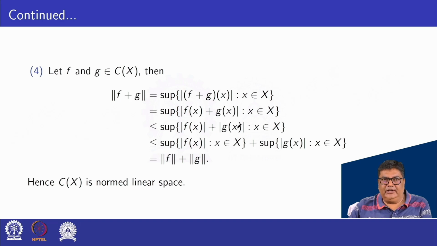So this term is less than or equal to |f(x)| + |g(x)|, which is less than or equal to the supremum of |f(x)| plus the supremum of |g(x)| for all x belonging to X. As per the statement, we can write these as ‖f‖ and ‖g‖.